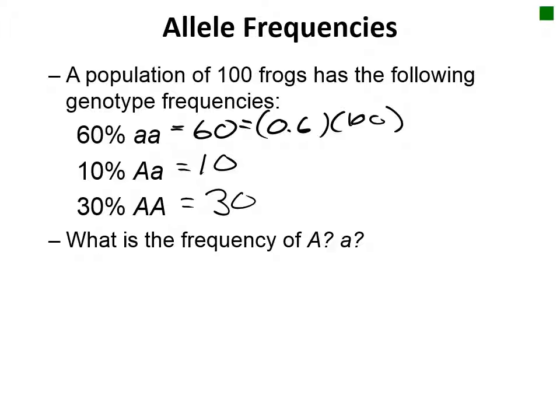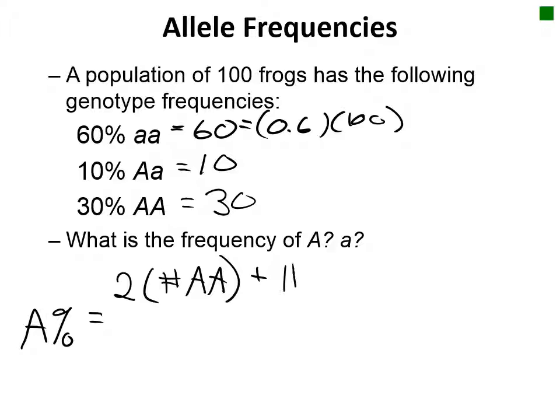We can now use this equation to solve for the frequency. The frequency of the dominant allele, which is the percentage of the dominant allele, will be equal to 2 times the number of homozygous dominant individuals, because each one of those individuals has 2 copies of the dominant allele, plus the number of heterozygous individuals, because each one of those heterozygous individuals has 1 copy of the dominant allele.